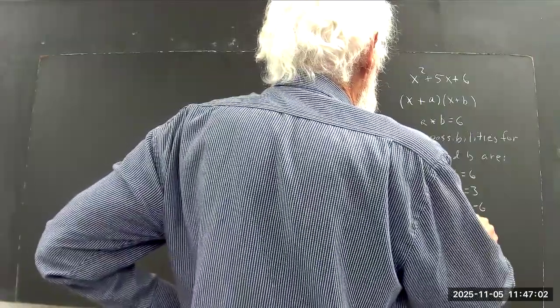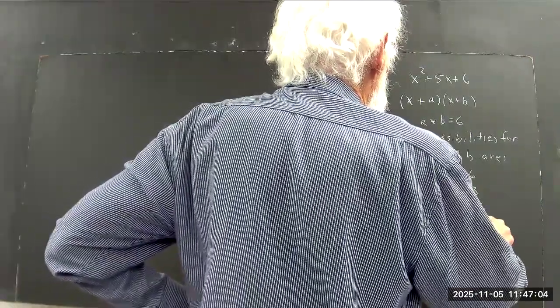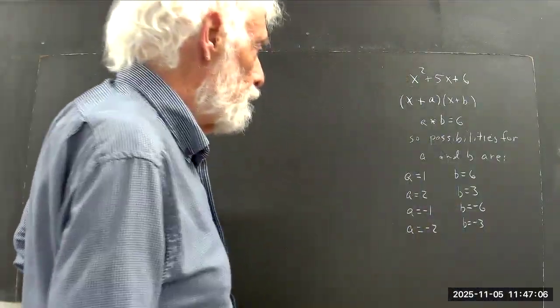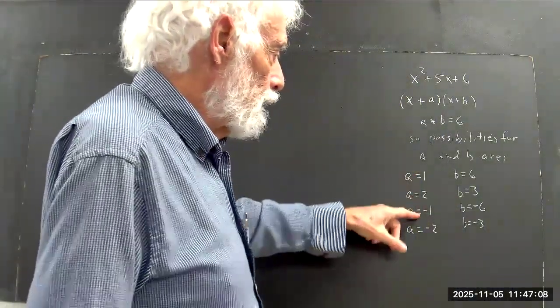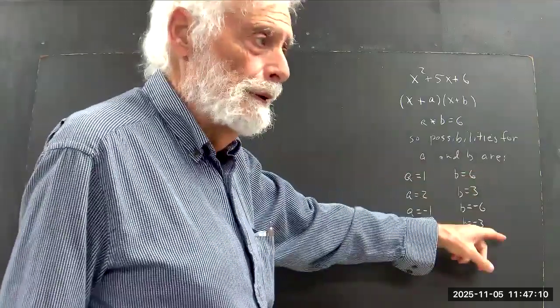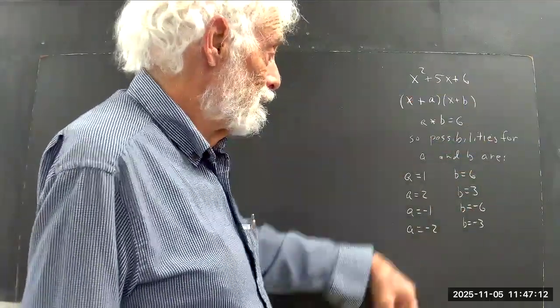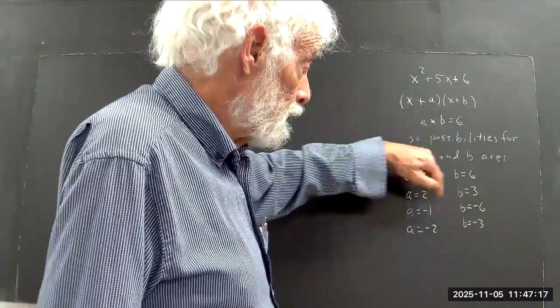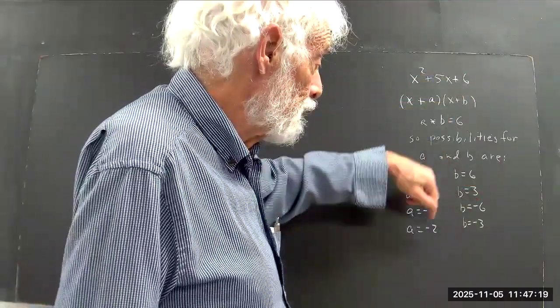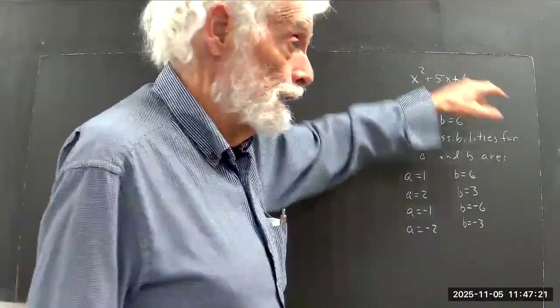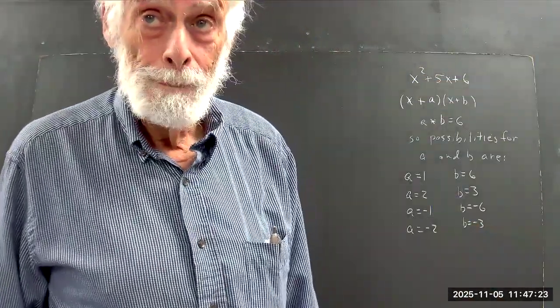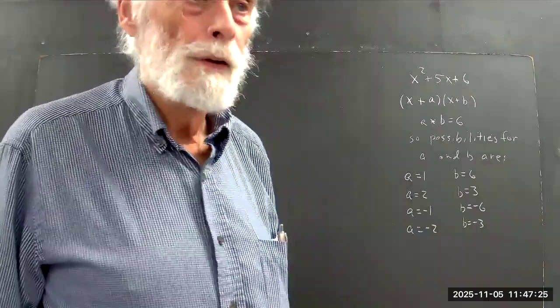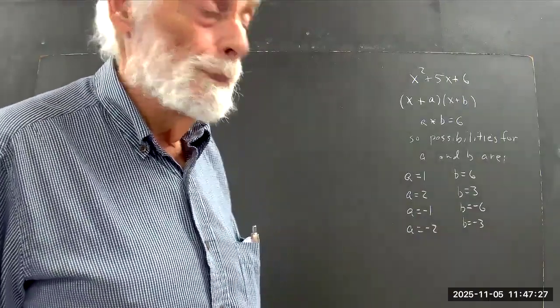A equals -2, B equals -3. In every one of these, A times B equals 6. 1 times 6 is 6, 2 times 3 is 6, -1 times -6 is 6, and -2 times -3 is 6. Okay? So we try these, try different ones.